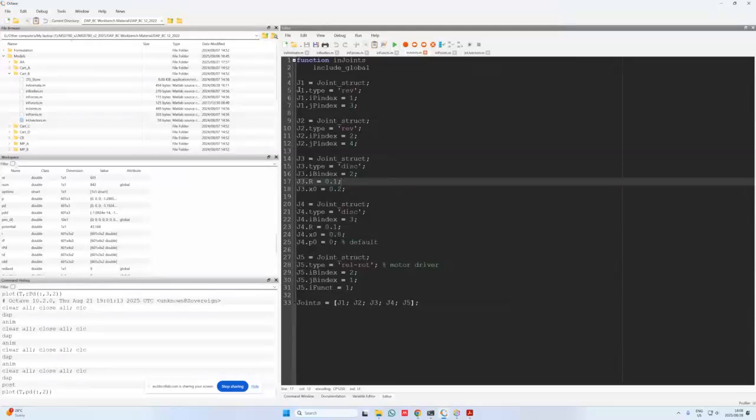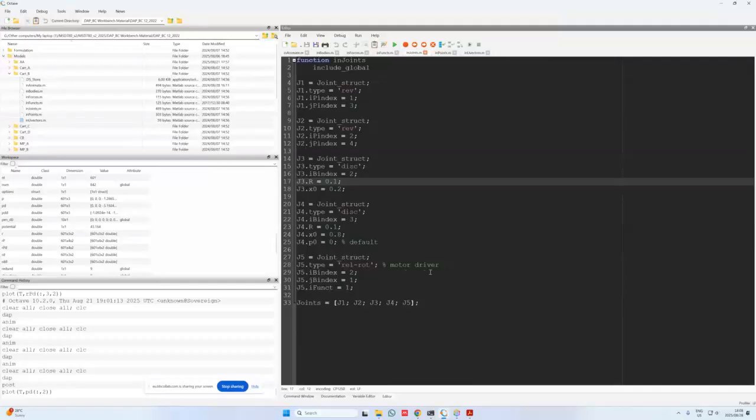So I first define the revolute joint that acts between points 1 and 3. So the revolute joint between body 1 and 2. Then I specify the revolute joint between body 1 and 3, so between the card body and the front wheel. Then I specify the 2 disc joints. So first the disc joint on the rear wheel, then the disc joint on the front wheel.